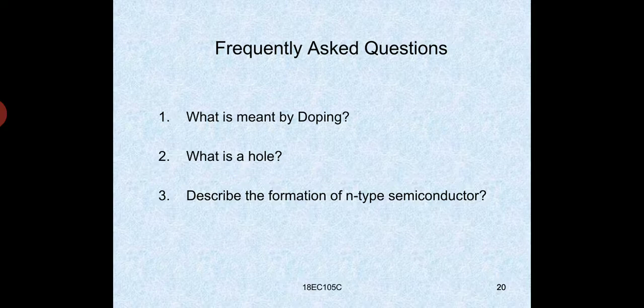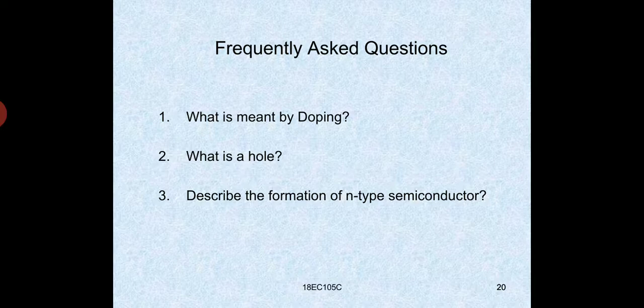What is doping? Doping is simply adding impurities to the pure semiconductor, thus making it an impure one, and it can be trivalent or pentavalent. Depending on the requirement, you can go on adding to the response to this question depending on the marks.